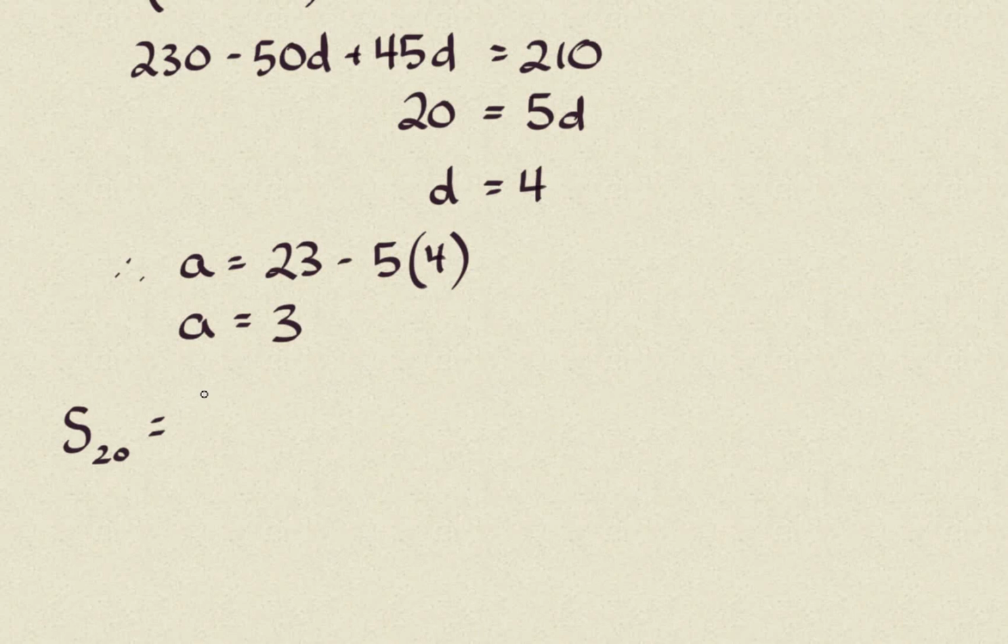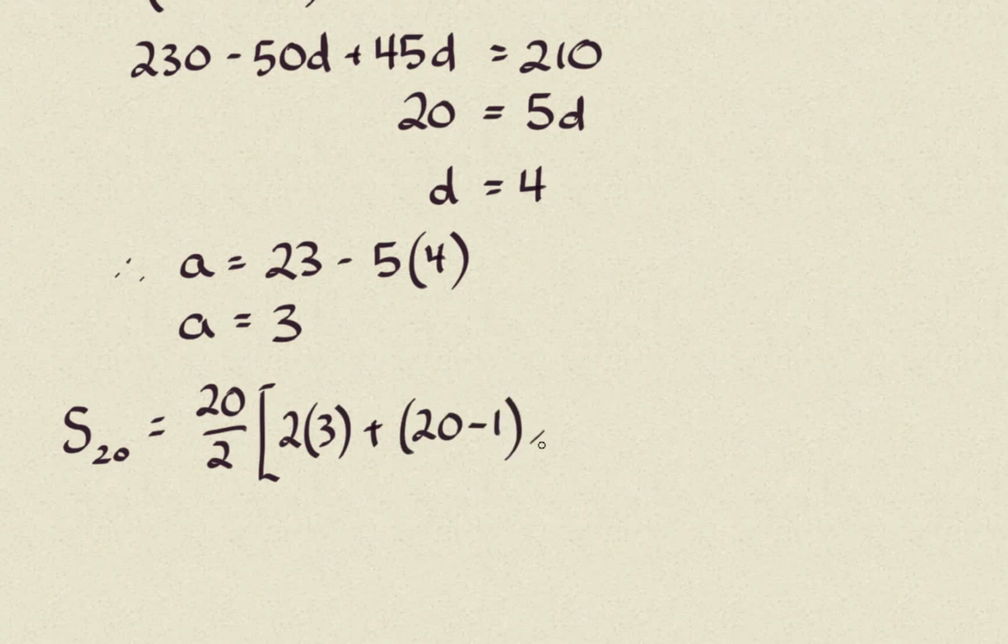So we can say, alright, well, we have n on 2, or 20 on 2, outside of 2 lots of a, plus n minus 1, okay, so 20 minus 1, times the common difference d, which is 4.